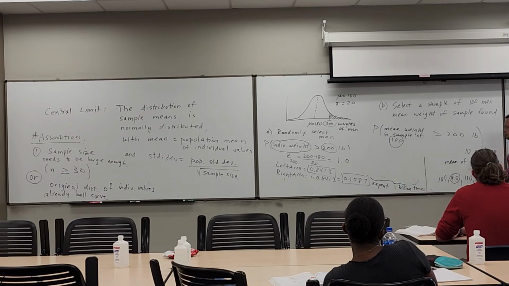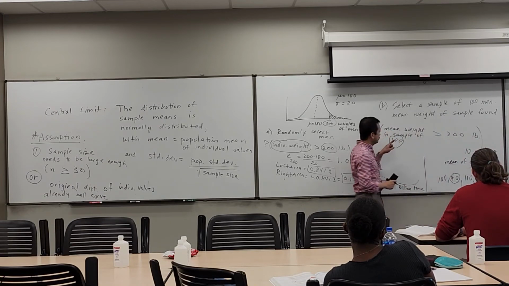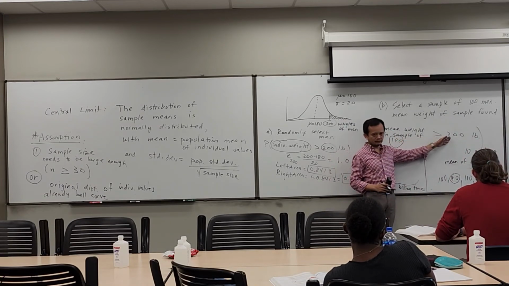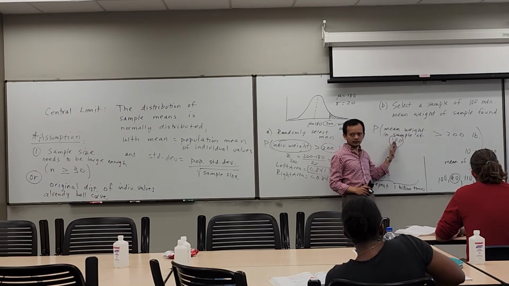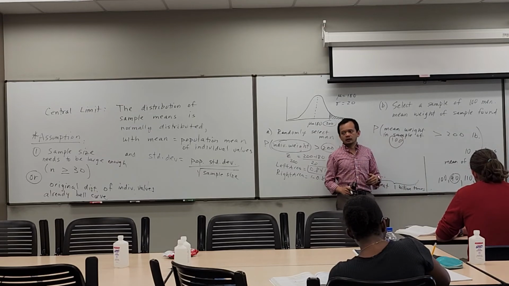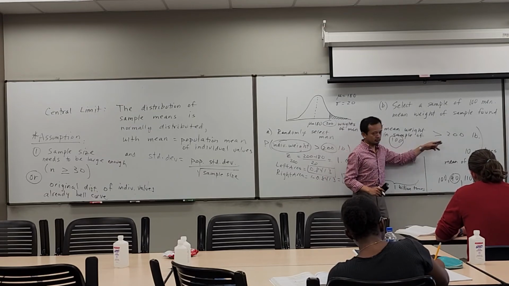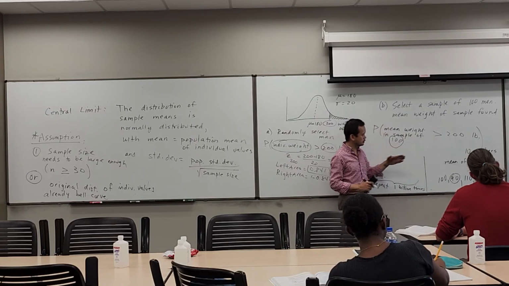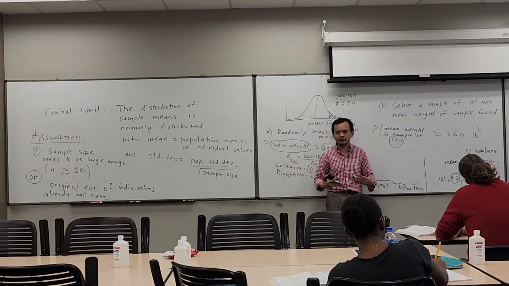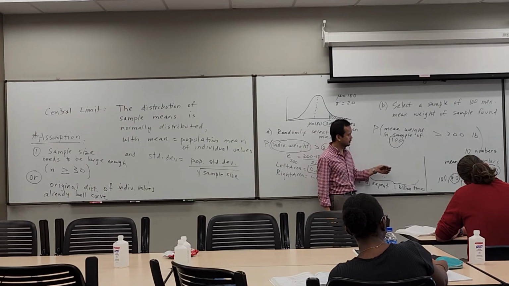So same thing here, if the average weight of 100 men is more than 200 pounds, then that means as a whole, each of the 100 men must be greater than 200 pounds. And for everyone who isn't at least 200 pounds, there's somebody else who offsets it and is heavier by an equal amount.